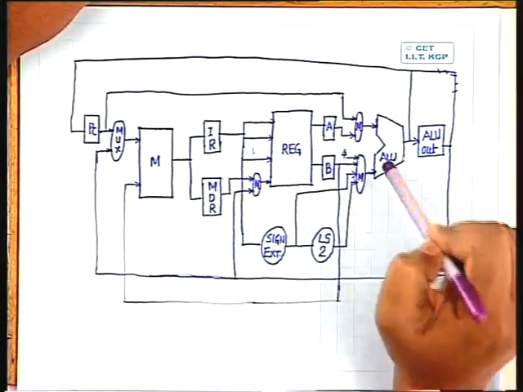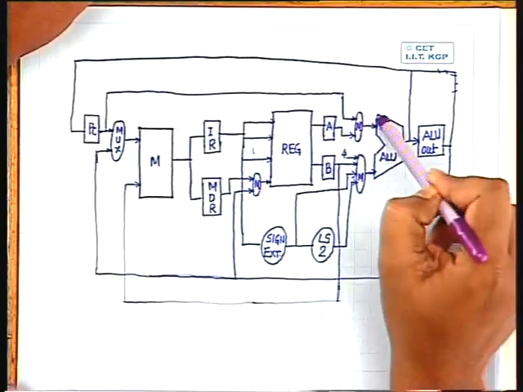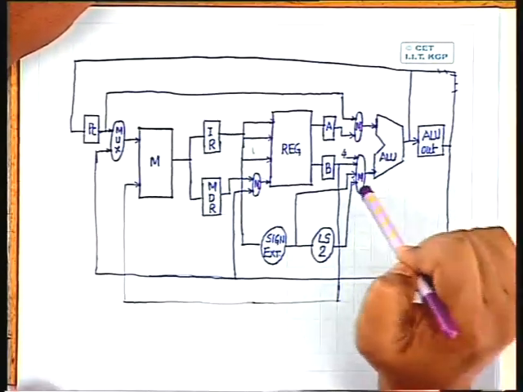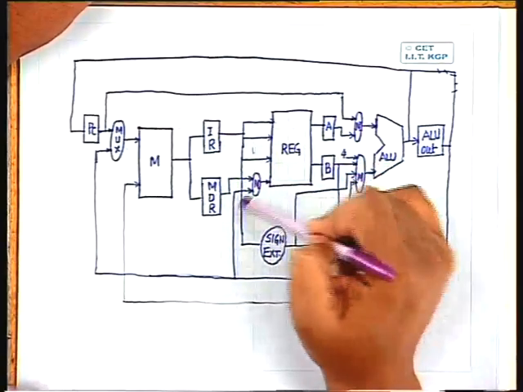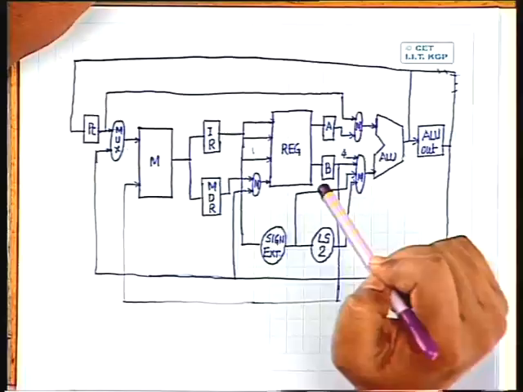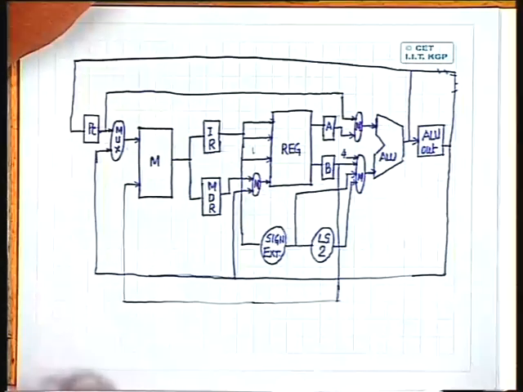For example, earlier we had one ALU and a number of adder units, and all the add operations are now being done by only this ALU. And of course, because we are going for multi-cycle implementation, we had to have a number of intermediate registers for storing the intermediate values.